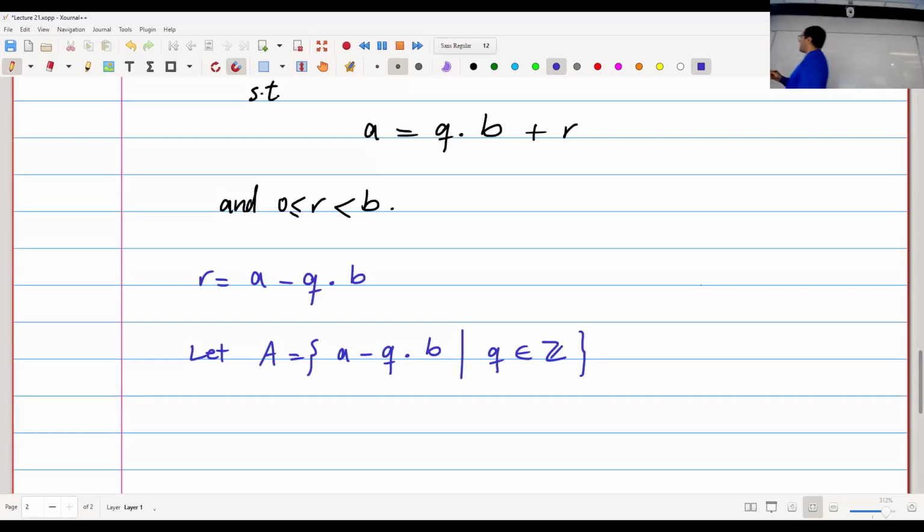But here, I cannot do that. There are many non-empty subsets of Z that don't have a minimum element, right? So I want to somehow make this A to be a subset of N. So I say, only take the values that are non-negative. So a minus qb should be greater than or equal to 0. Okay. Now this A is a subset of the natural numbers.